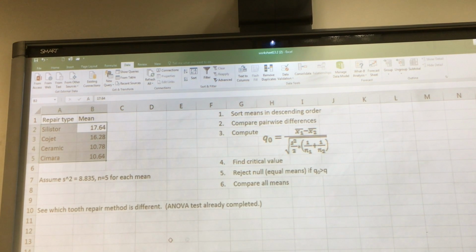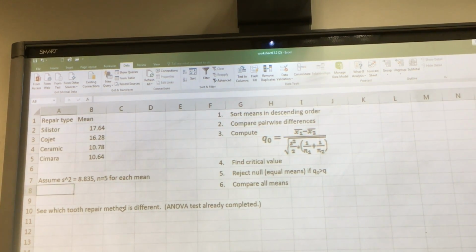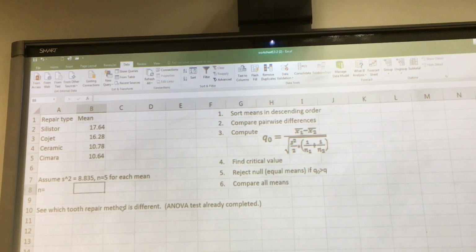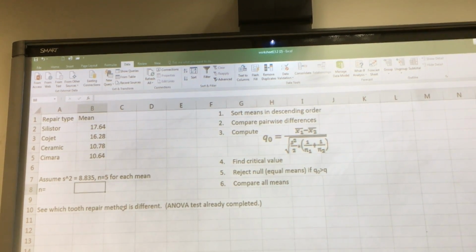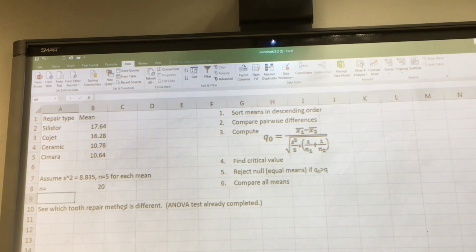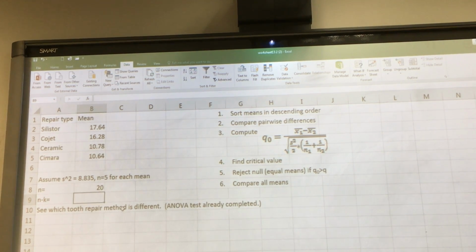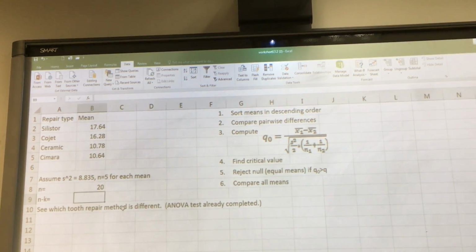Oh, there. Okay. All right, so a couple things I want to talk a little bit about. Let's pretend I've got 5 data points for each mean. How much is my total data? We've got 20. And then let's figure out my n minus k. So I've got 20 data points. How many means do I have? 20 minus 4 is 16.